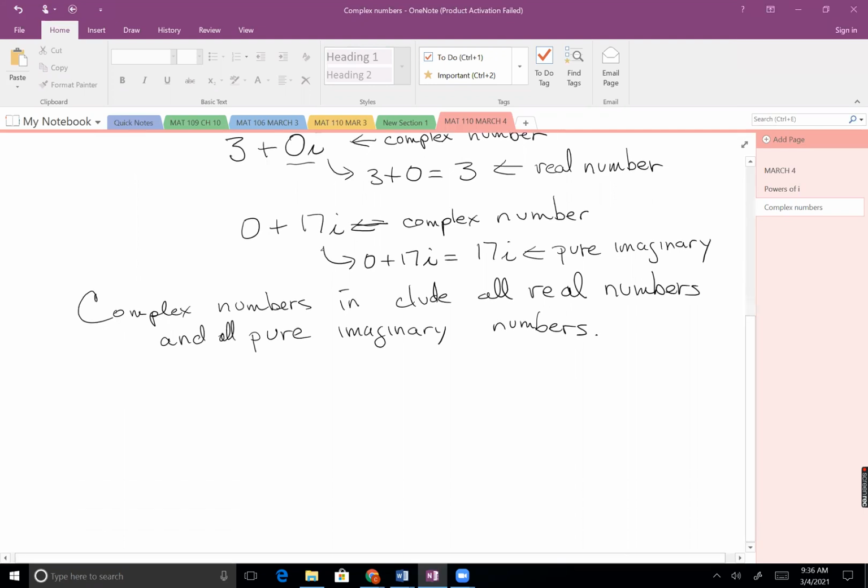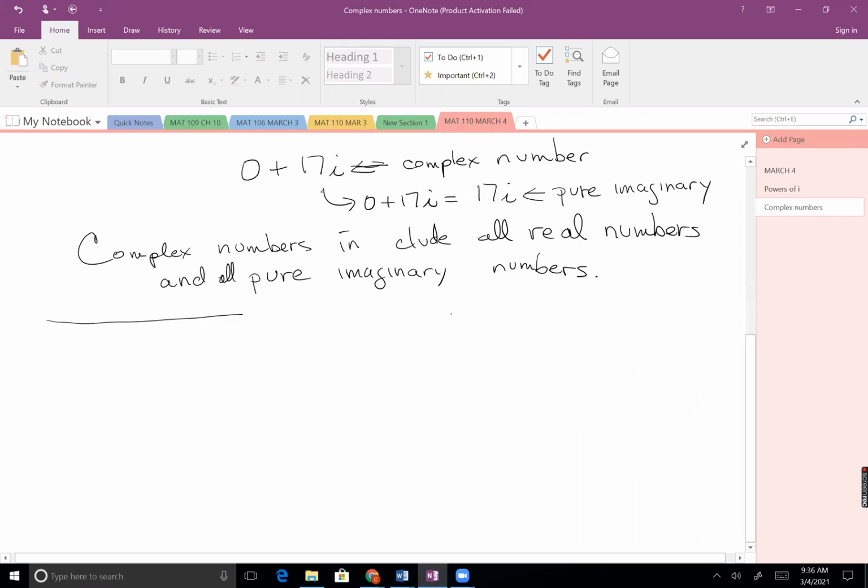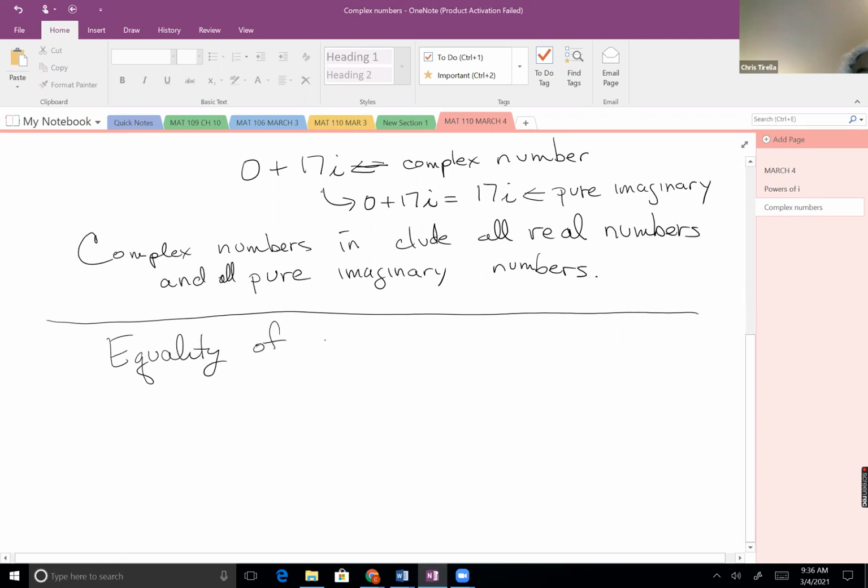If so, we want to define the equality of complex numbers.